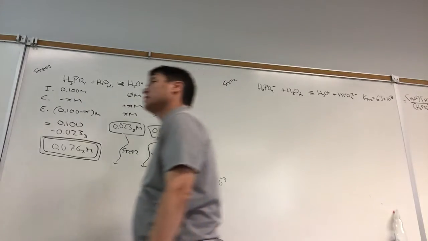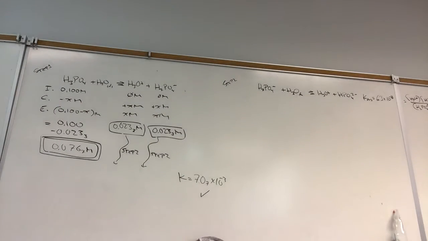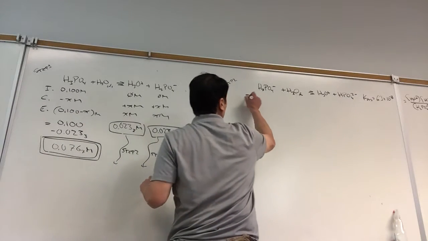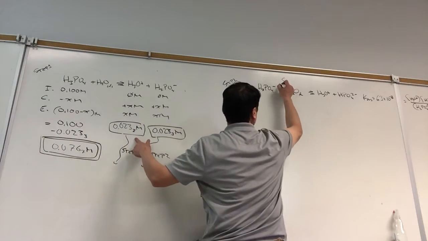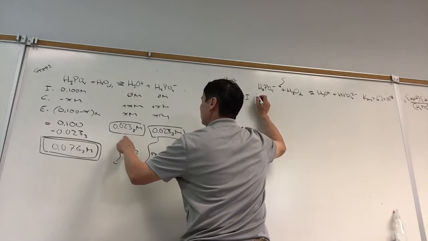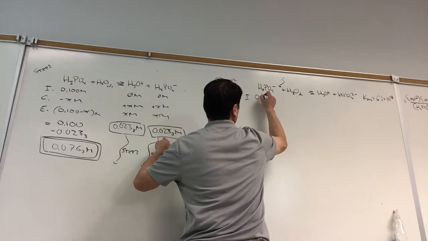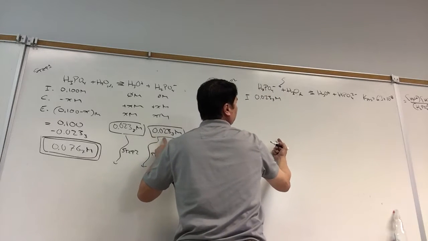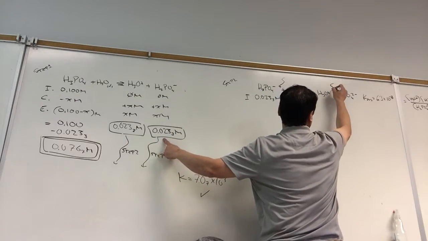Okay, this will be the next biggest hydronium ion contributor. The initial here is going to come from step 1. From step 1, we have 0.0233 molar dihydrogen phosphate. And the hydronium is not going to be 0.